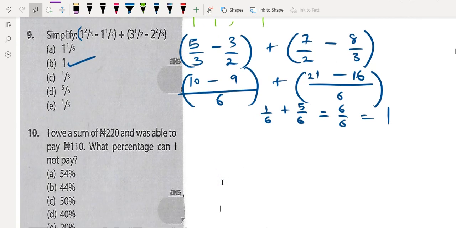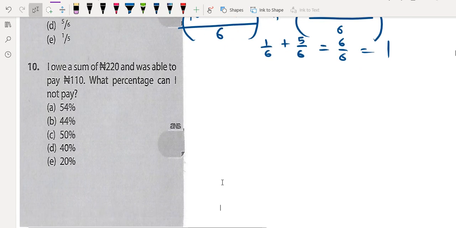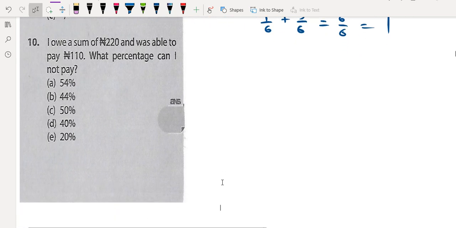Okay, everybody read number 10. I owe a sum of 220 naira. I was able to pay half. What percentage can I not pay? This person is owing how much? 220 naira. I was able to pay how much?